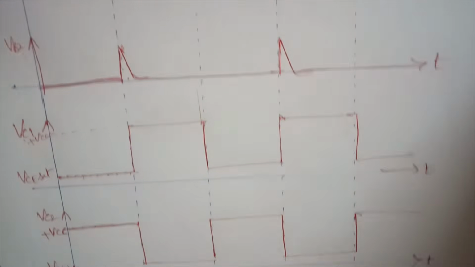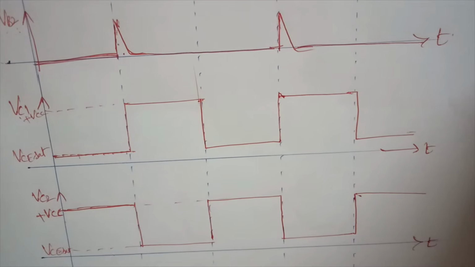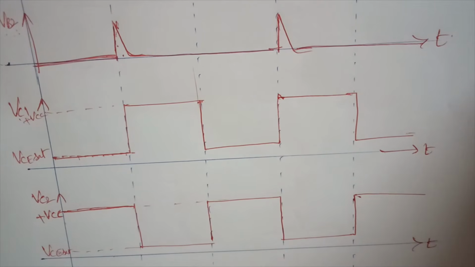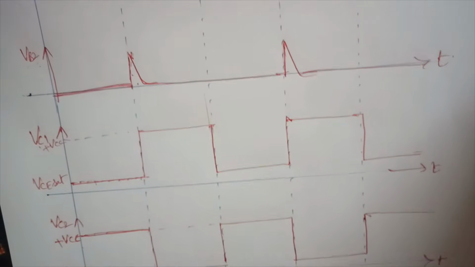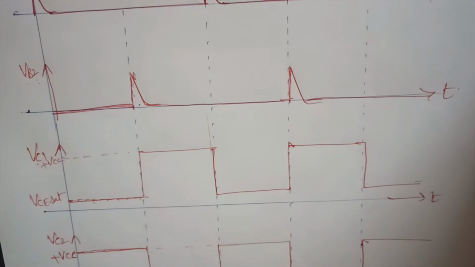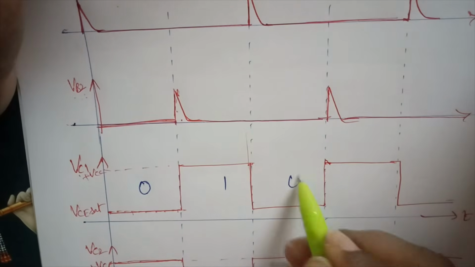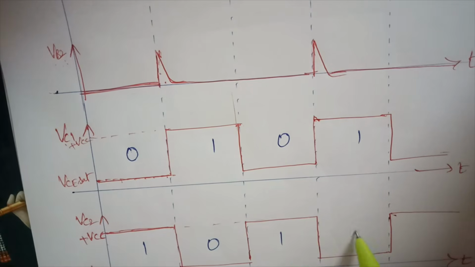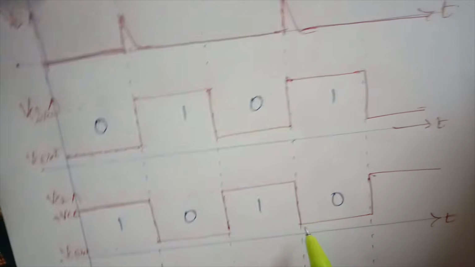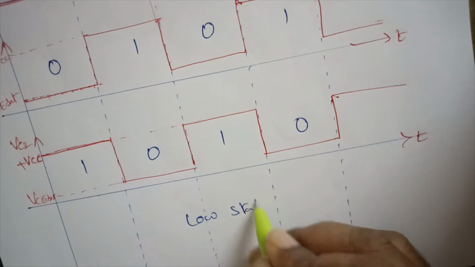Is it clear? Here there are no time constants or time period. It always generates ones and zeros: 1, 0, 1, 0. So it produces two states, low state and high state.